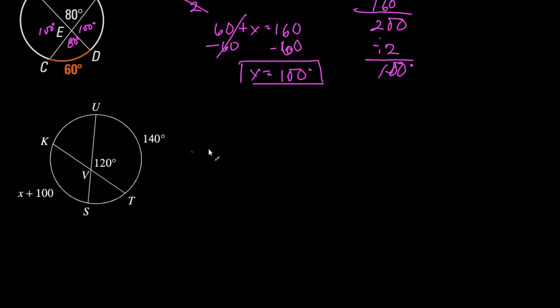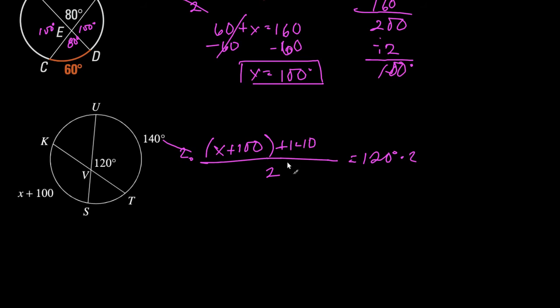Same stuff. So we get X plus 100 plus the 140, divided by 2, or times half, gives you 120 degrees. So let's multiply by 2.